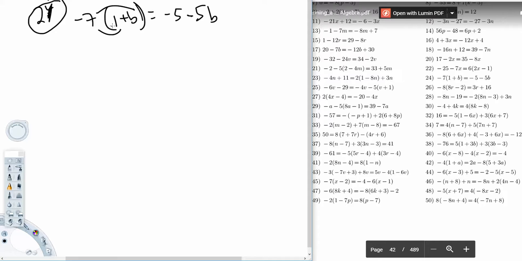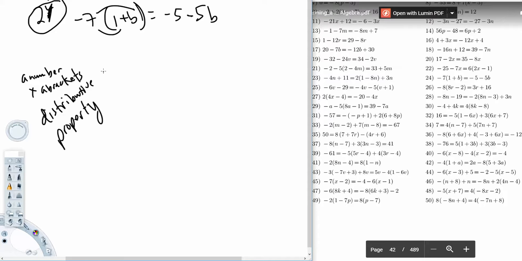So what they're really doing here is a number times a brackets, the distributive property. You're going to see the distributive property all your life in math. Because normally we do minus 7 times whatever the result is in the brackets.